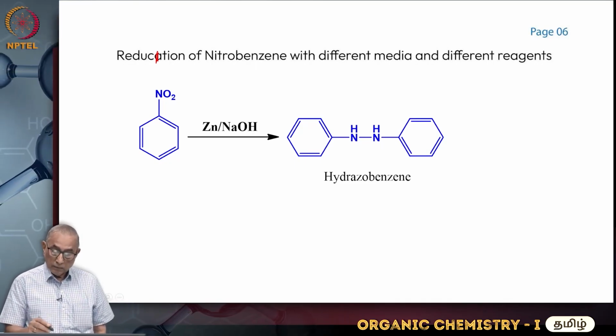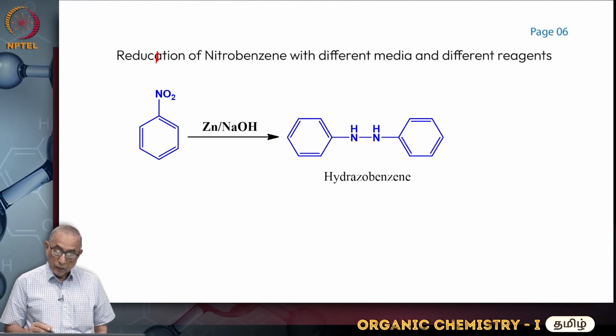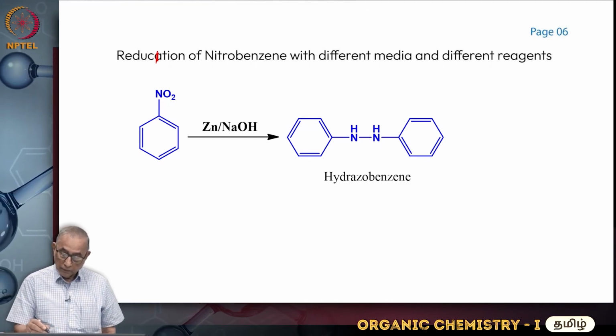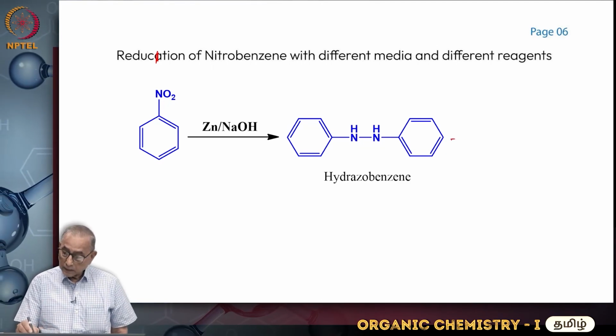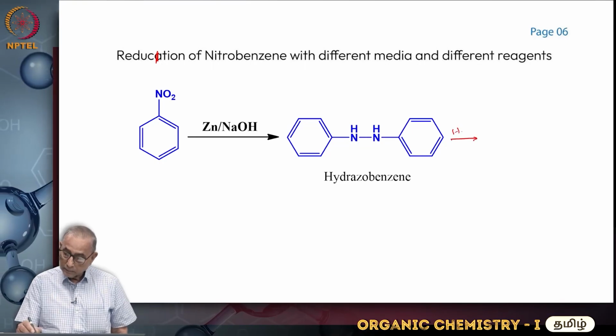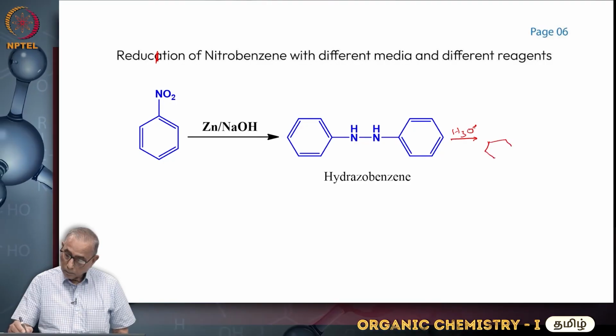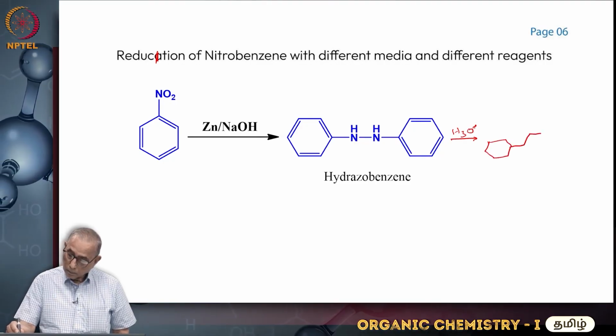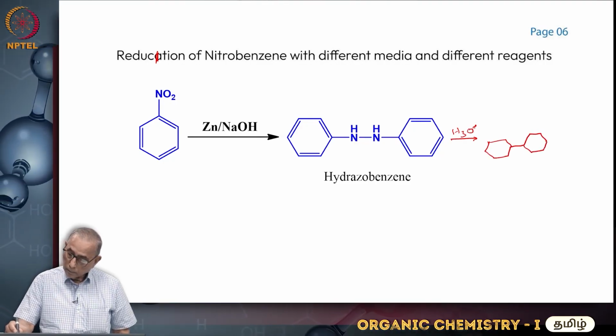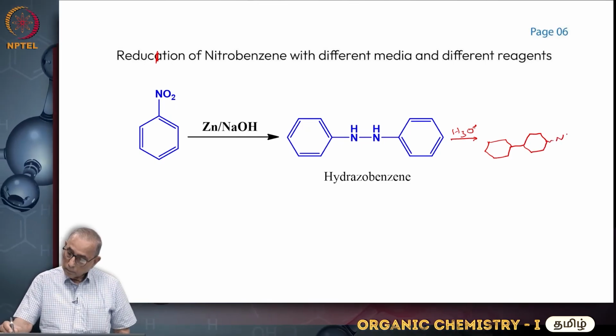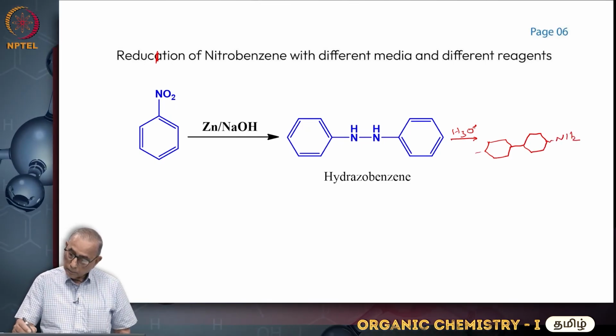These compounds are very useful to prepare derivatives; suppose you react it with H3O+, this compound is called benzidine.